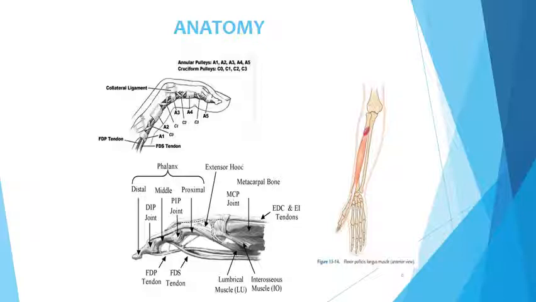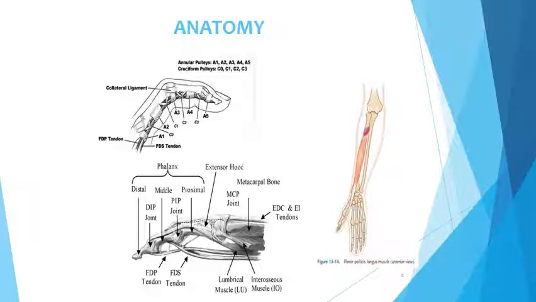That is also why, when you flex your MCPJs, your PIP and DIP are actually extended, that lumbrical grip. It's because all the intrinsic muscles originating in the palmar surface of the hand move and insert dorsally into the extensor hood.